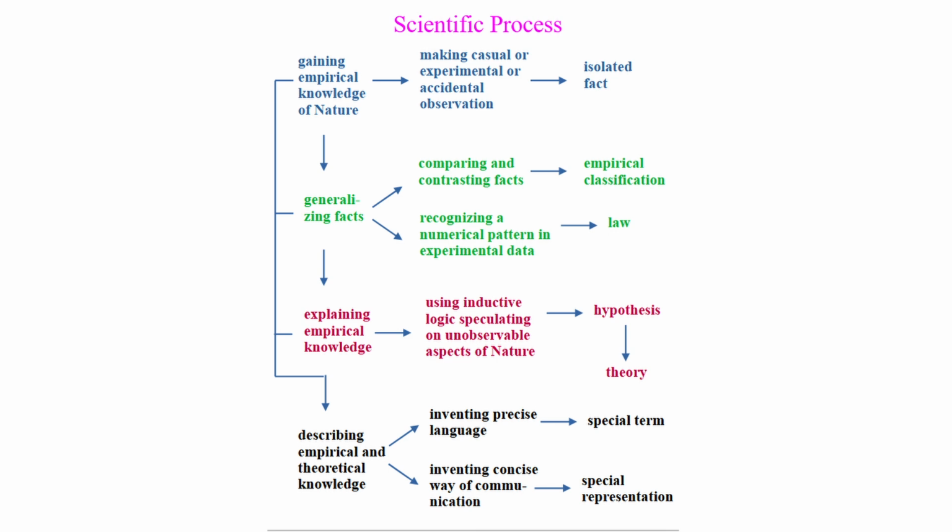composition as the basis. The second tool is analyzing experimental data and recognizing a numerical pattern which indicates that nature follows a rule in its behavior. The result is a law, such as the law of constant composition of compounds, Boyle's law, and rate law.